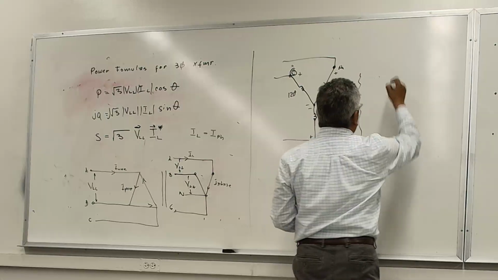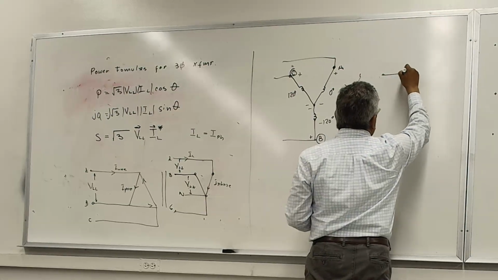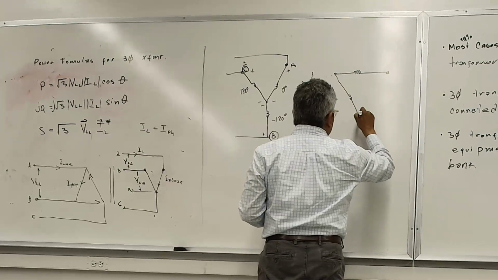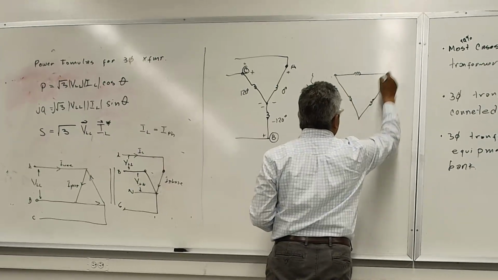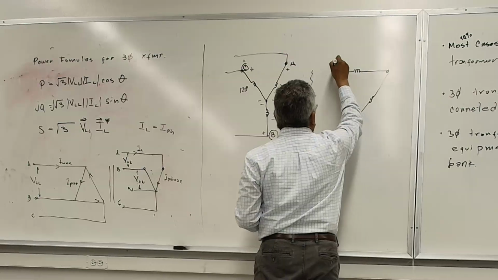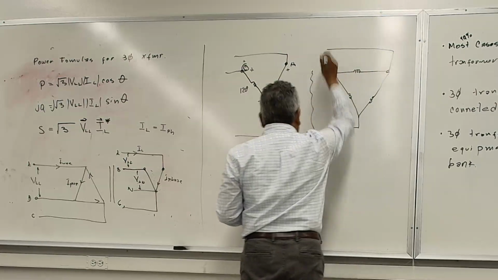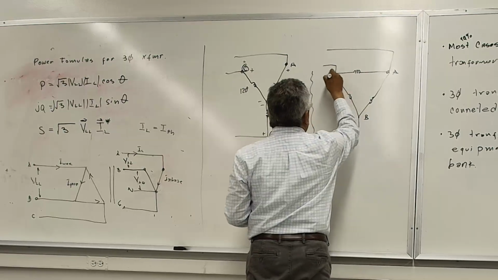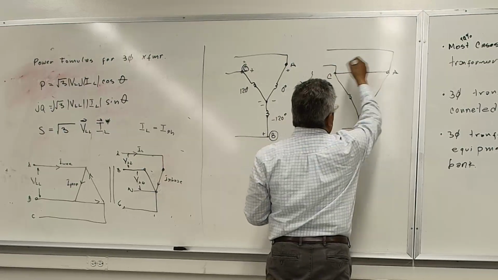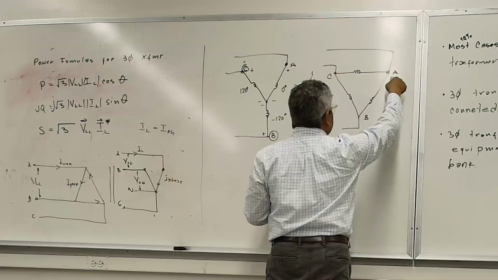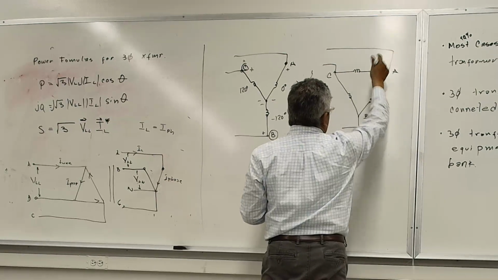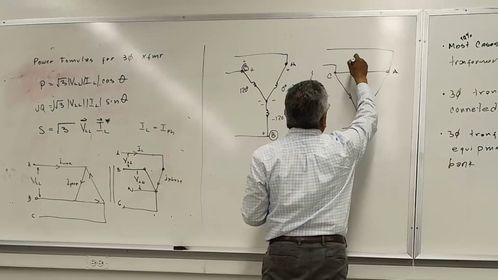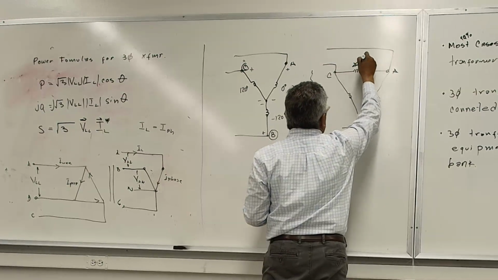On the delta connection, you have the windings of the transformers connected in this way, where we can have A, B, and C. And you can use C to A or A to C as the reference, or A to B or B to C. But in this case, I'm going to put it at 0 degrees.